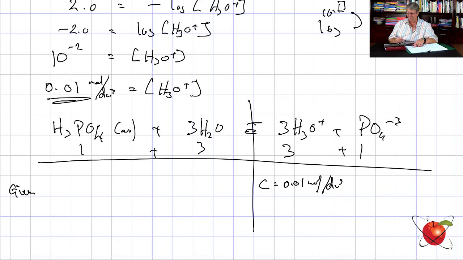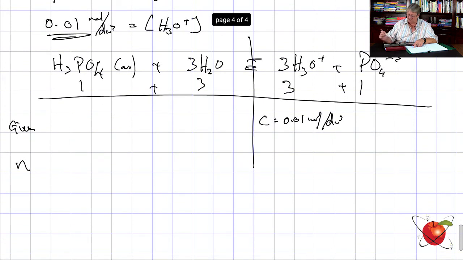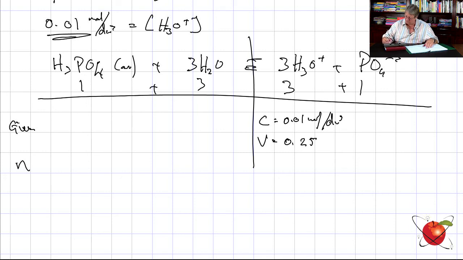So what do I do now? Well, where am I headed? I'm headed for the mole hole, n. I need this mole hole. Without it, I can't do anything. In order to get n, what have I got? Volume was 250 milliliters, which is 0.25 liters, which is 0.25 decimeters cubed.